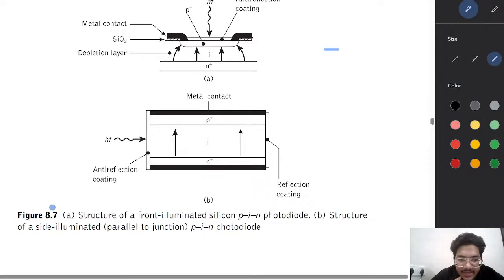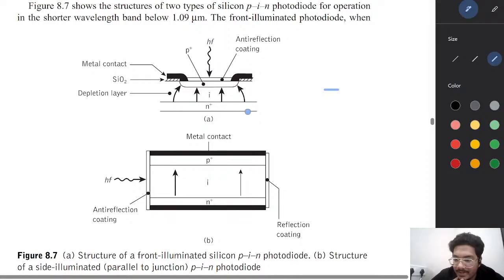In figure 8.7, we see the front illuminated pin diode, with P here, I here, and N here. Light enters from the top P side and requires a depletion width of 20 to 50 micrometers.